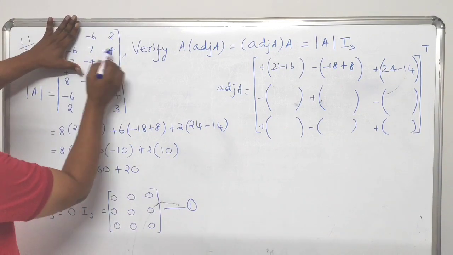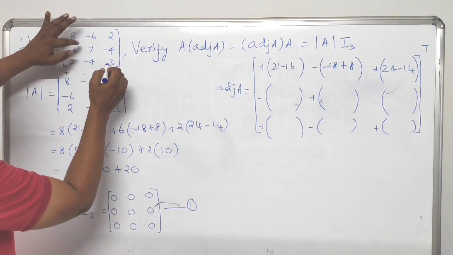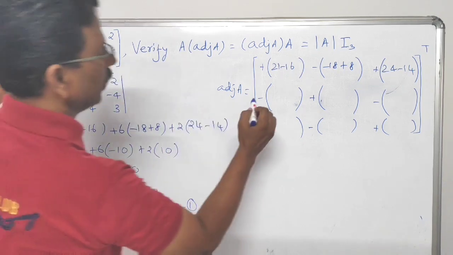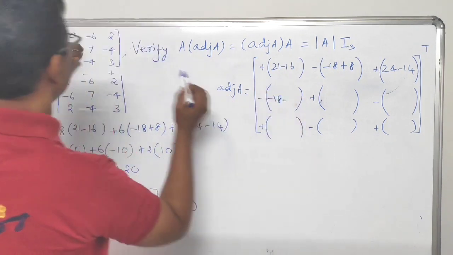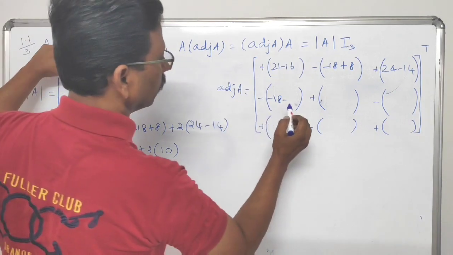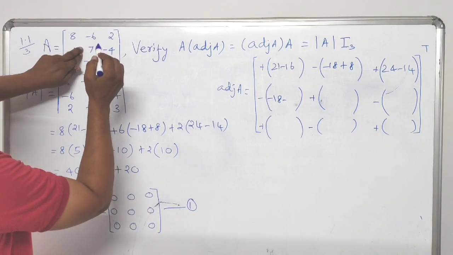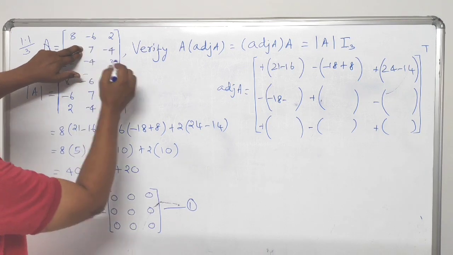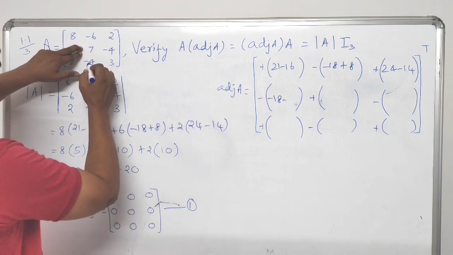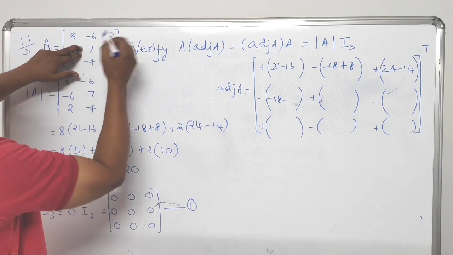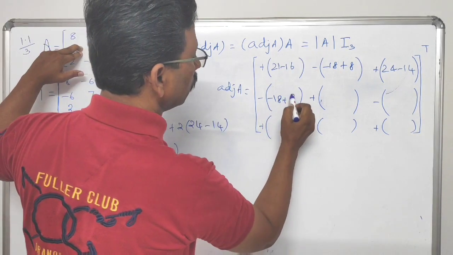Then for this element, you leave this row and this column. Then you get minus 6 into 3 minus 18, then minus 7 2s are 14. Sorry, minus 6 into 3 minus 18. Then minus 4 into 2 minus 8, minus of minus 8 gives plus 8.